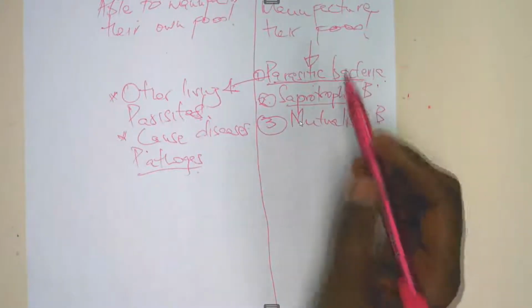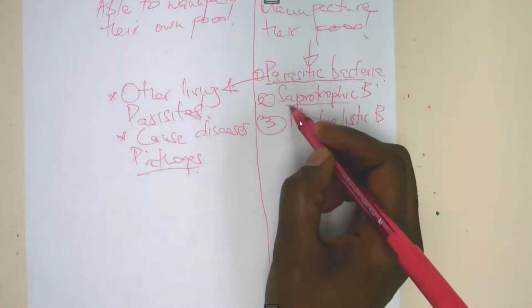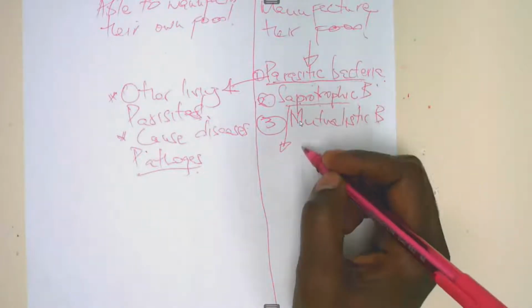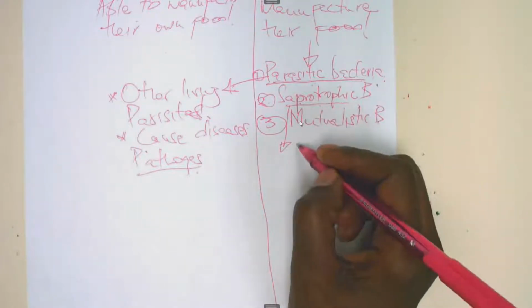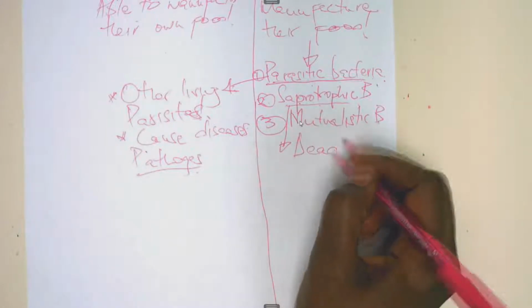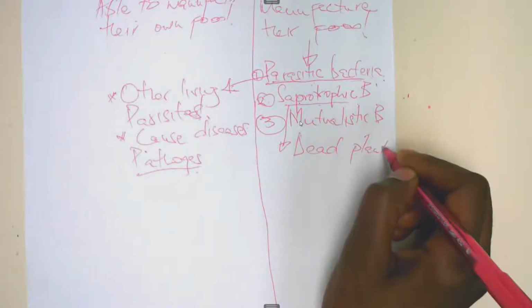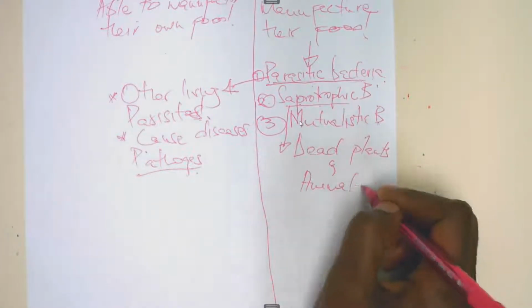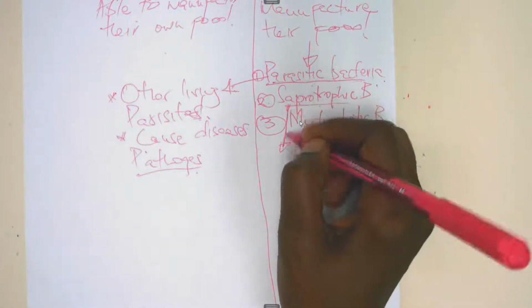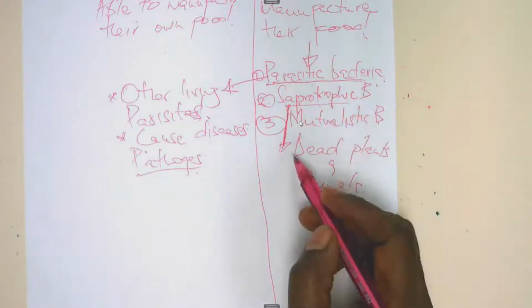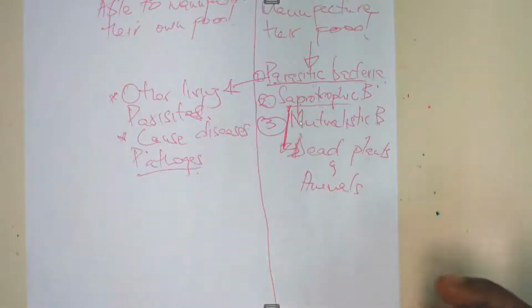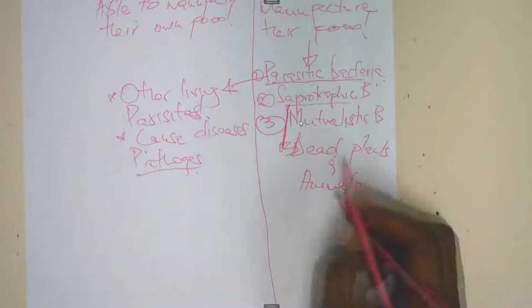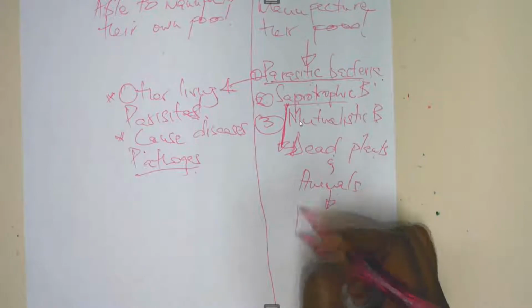And then when we move to saprotrophic, they obtain their own food from dead plants and animals. So it means that they are decomposers.